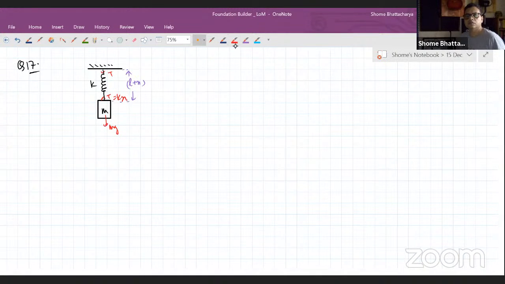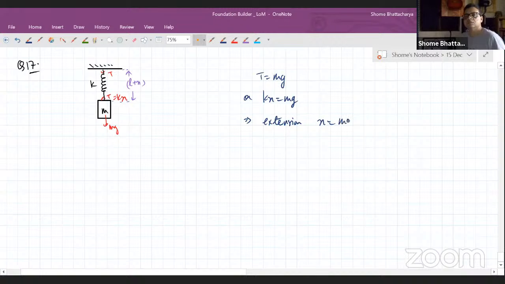So the spring will be in an extended, elongated state. For the block, you can see the tension Kx is equal to mg. So the extension of the spring x is equal to the weight of the block divided by K. So x here is equal to, now mass of the block is given to us in the question as 2 kg, so 2 into, nothing is given, so we'll have to take g as 9.8, divided by the spring constant, which is given to us as 100 newtons per meter.